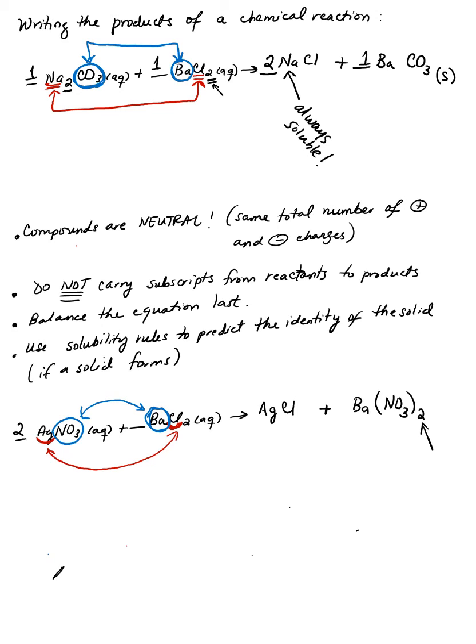Now the number of Ag is increasing also, because that 2 in front of AgNO3 changes the number of Ags and nitrates. You have 2 nitrates on each side. Now you have 2 Ags on the reactant side and you need 2 Ags on the product side, so you need to put a 2 in front of AgCl.